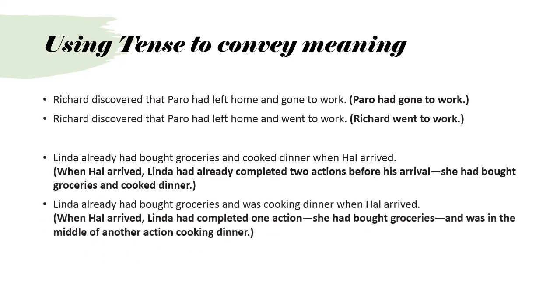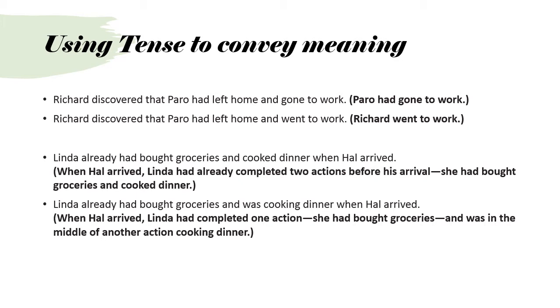Linda had already bought groceries and was cooking dinner when Hal arrived. Now, when we look at this sentence, we find that when Hal arrived, Linda had completed just one action, that is, she had bought groceries, but was in the middle of another action, that is, cooking dinner. So, one was a completed action, the other a not yet completed action.